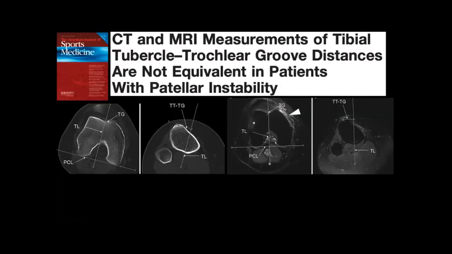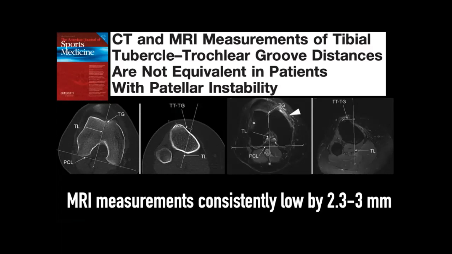Another is the measurement of TTTG, that is, the measurement of the lateral vector pulling by the quadriceps. And this TTTG measurement by CT scan has issues. Many papers have mentioned that every 5 degrees of flexion will decrease the TTTG distance by 1 millimeter.